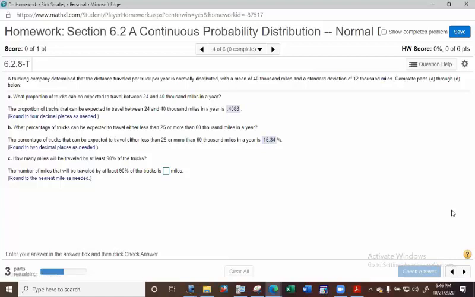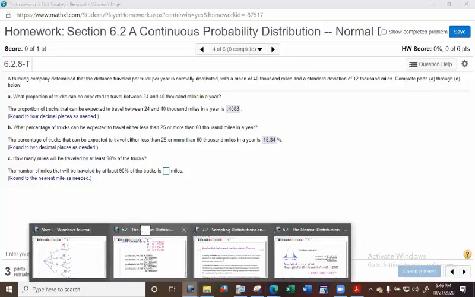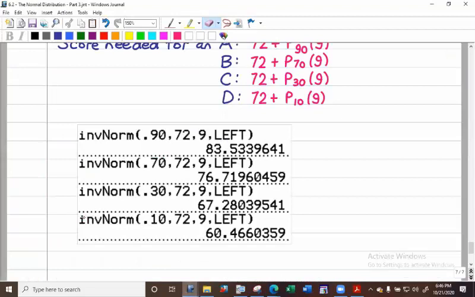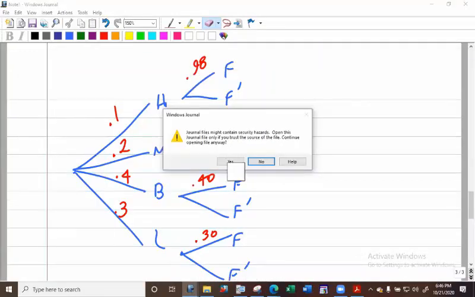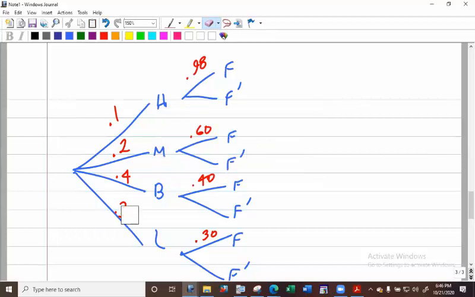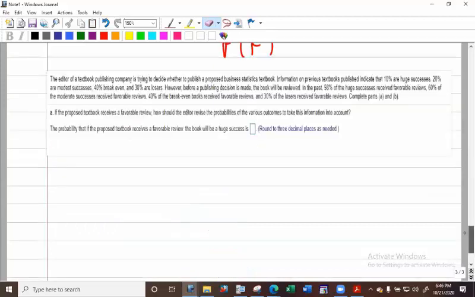At least 90% of the trucks. So it's not using that top and bottom business here. No, I'll go with this. That was the Bayes problem I was helping somebody with last week.